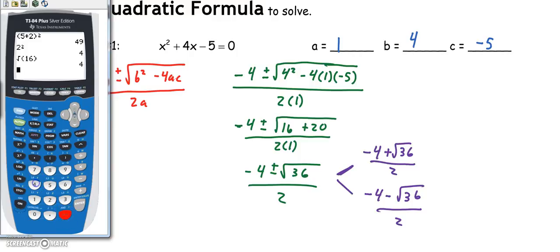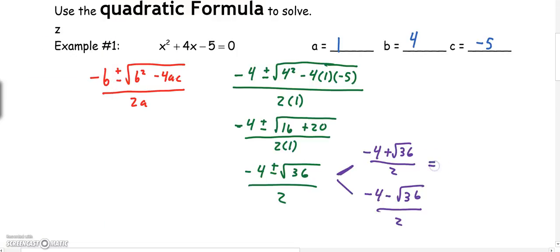So I'm just going to do negative 4 plus second square root 36, close my parentheses, enter. So I have 2. Then I still need to divide by the denominator. So we divide by 2. So my solution is 1.